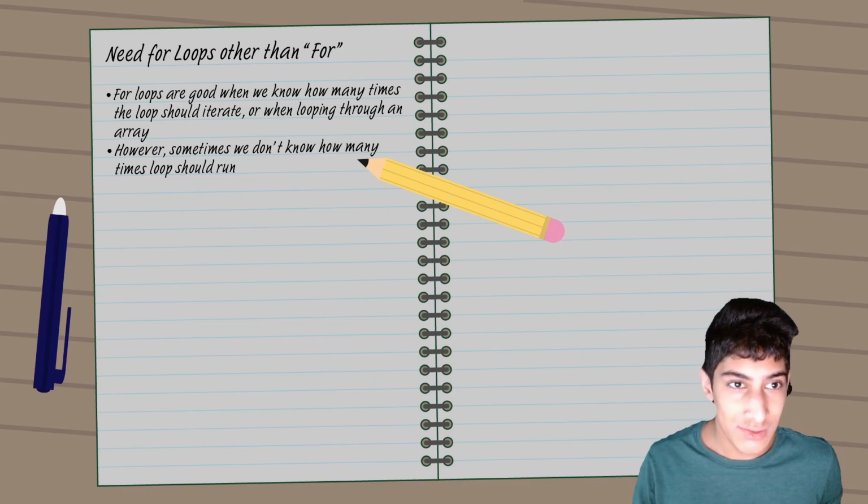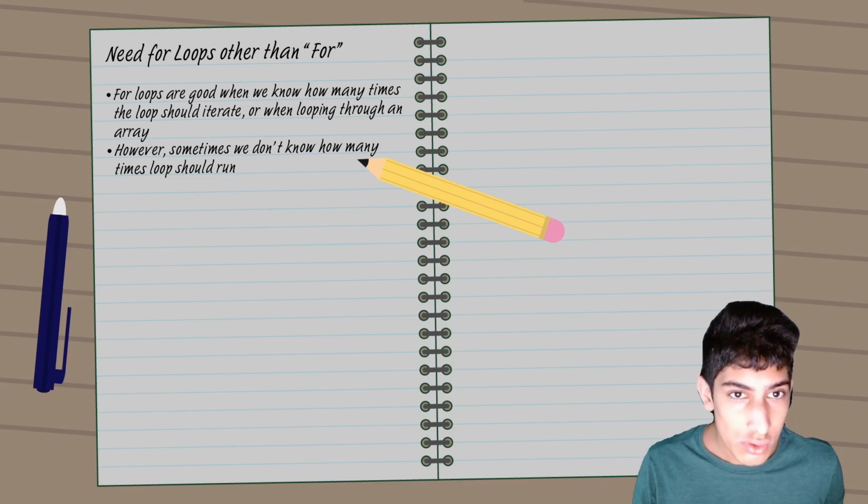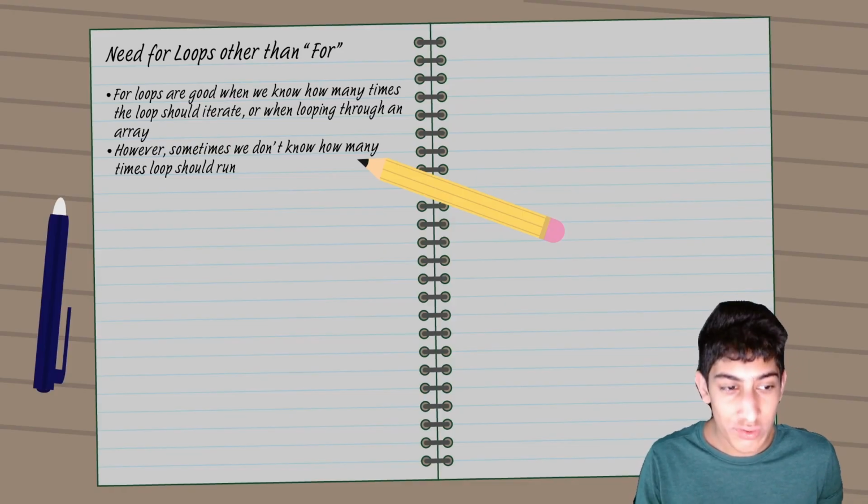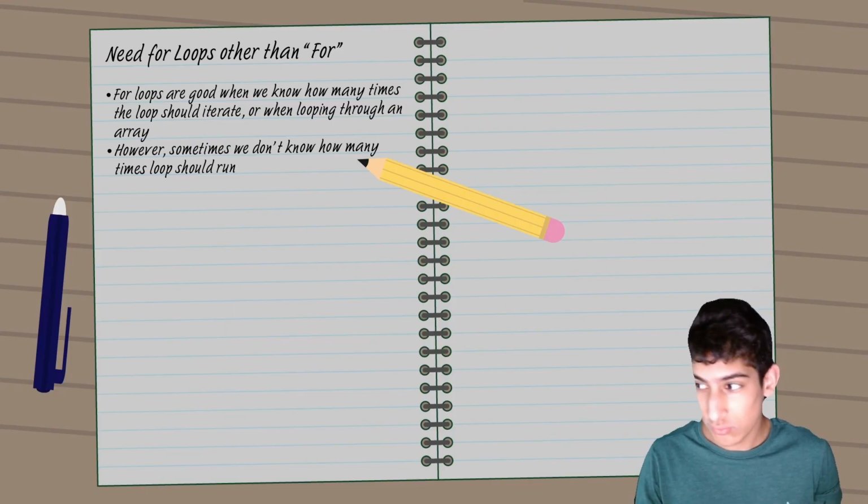However, there are cases when we know the condition for which we want the loop to continue running, but we don't necessarily know exactly how many times the loop should run. And in order to solve this problem, we need to look at different types of loops.